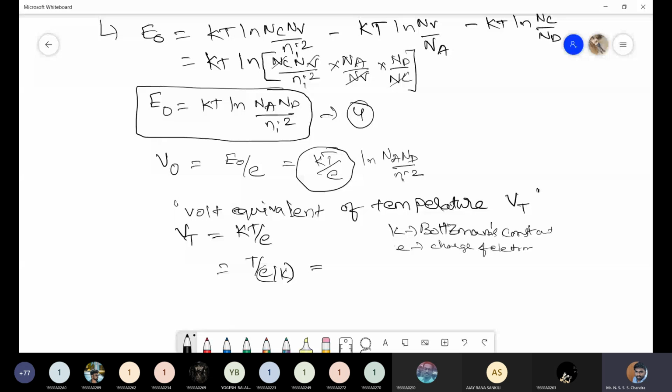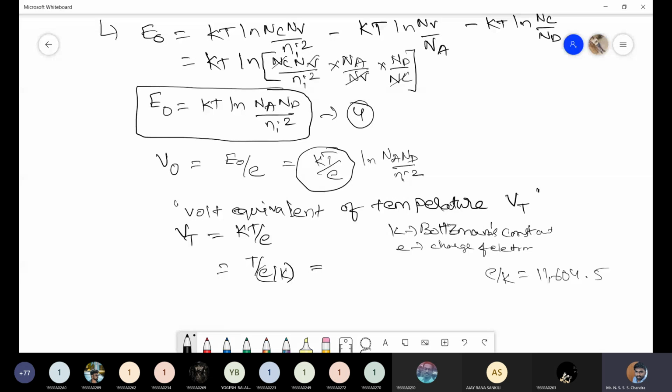In my calculator, E is constant 23, divided by constant 25 for the Boltzmann constant. If I do this E by K, I'm getting 11,604.